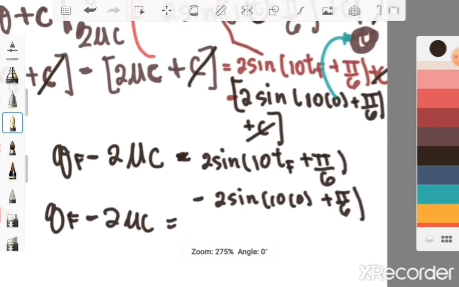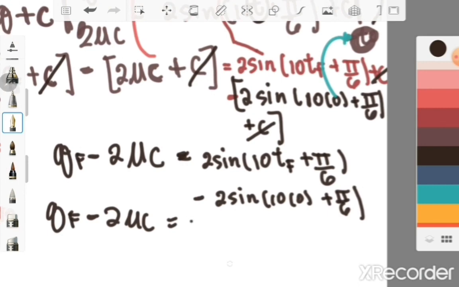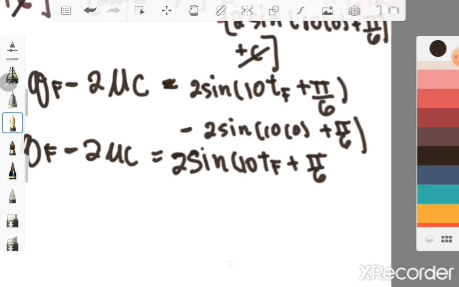So we have negative 2 is equal to 2 sine of 10t plus pi over 6 minus 2 times sine of pi over 6, which is equal to 1 half.